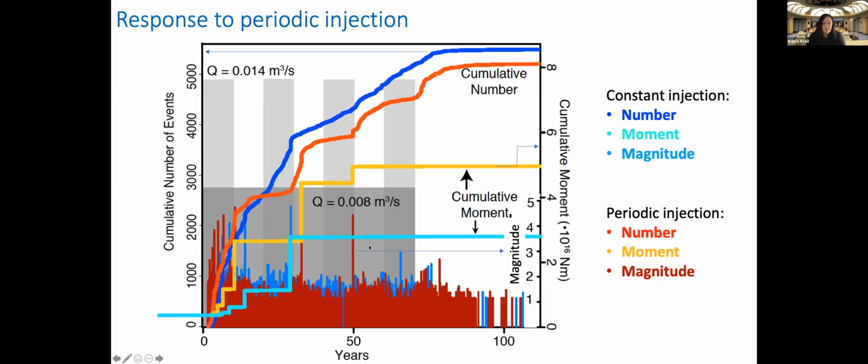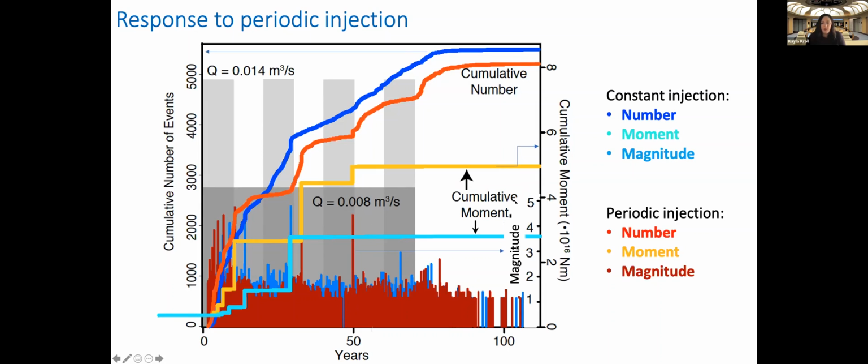Next, with these step functions, we have the cumulative seismic moment release, which can be read on the outside y-axis on the right. And at the bottom, we have the individual event magnitudes, and all of these properties are plotted as a function of time. The magnitude itself can be read from this smaller y-axis on the inside on the right.